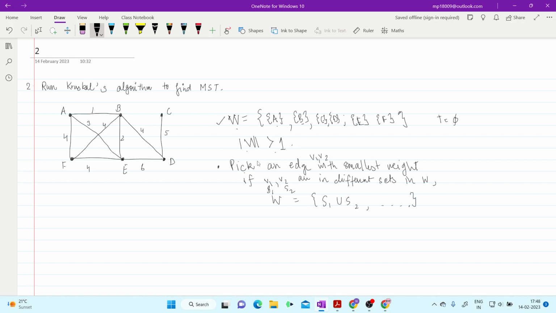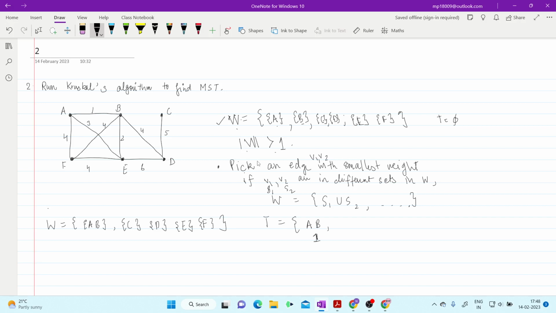So now at the first stage our W was this. Since our first edge is AB, we merge AB and the rest are singletons, C, D, E, F. And the tree has AB, the first edge.